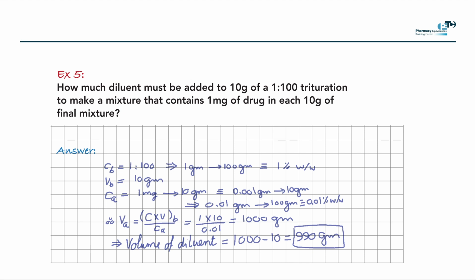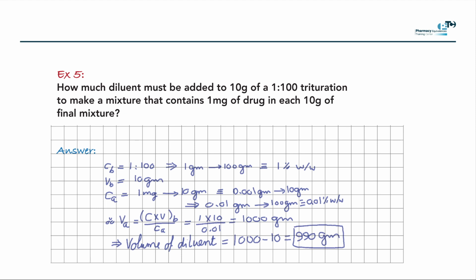Okay, we will complete the problem. To make a mixture that contains 1 milligram of drug in each 10 grams of final mixture. Here he gives us the concentration, but not directly. He said 1 milligram of the drug in each 10 grams of final mixture.